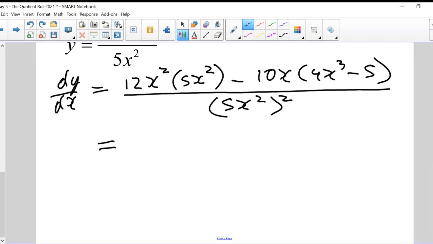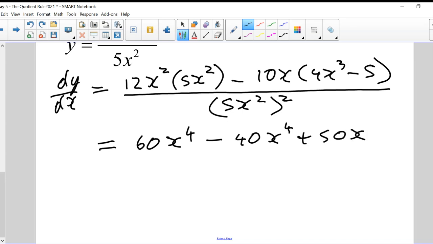So this looks like I'm getting 60x4, 12 times 5x. 60x4 minus, I'm going to FOIL this out, so that would be 40x4 plus 50x, I think. Let me just double check that.